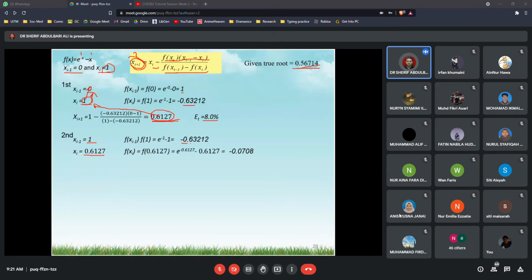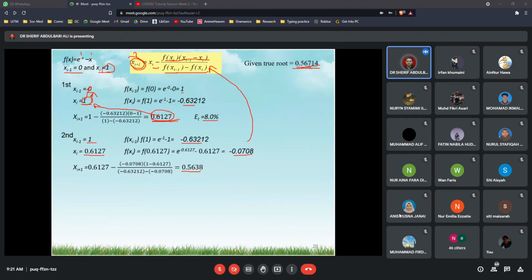With these four values, I can put them inside this equation of the second method to find a new value of xi plus 1. You can see from here the answer is 0.563. Look at this value, 0.563, and look at the true value, almost equal.